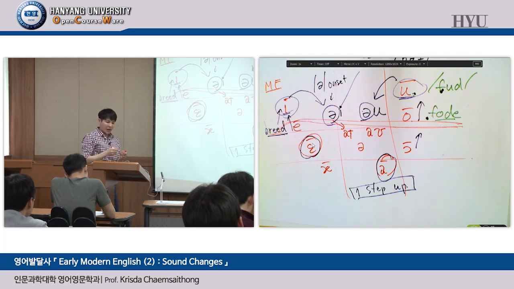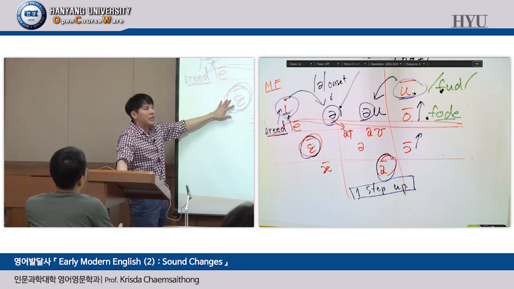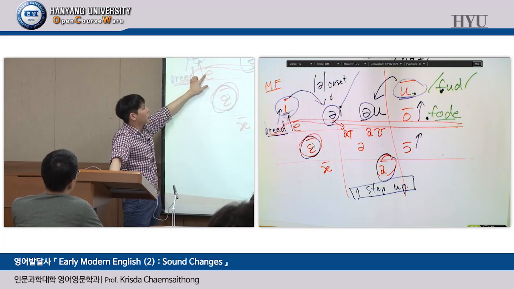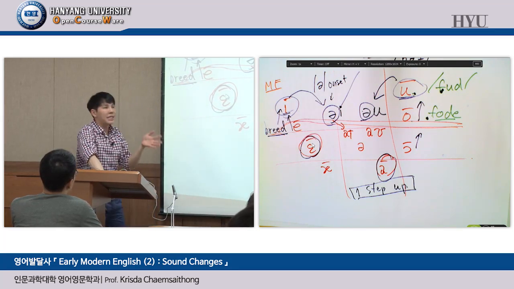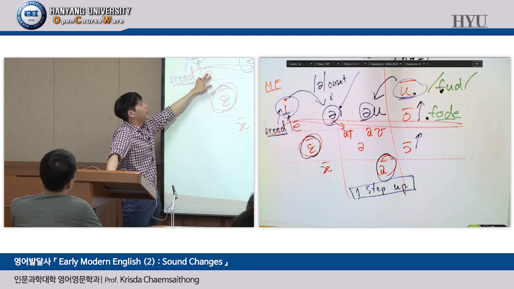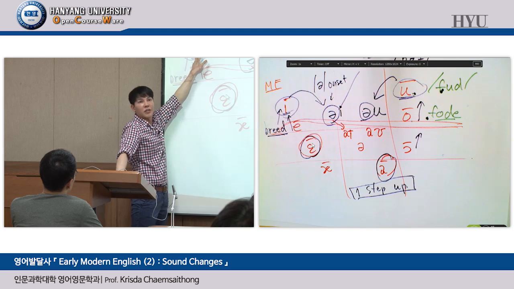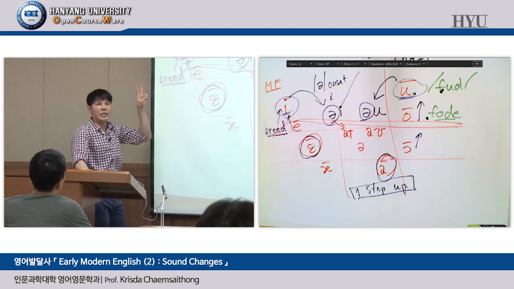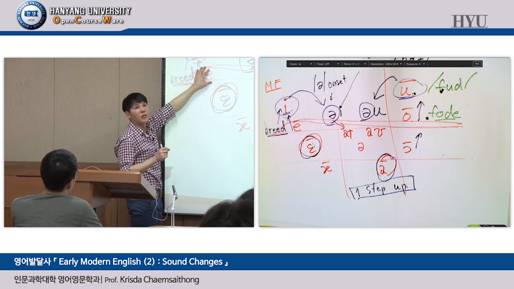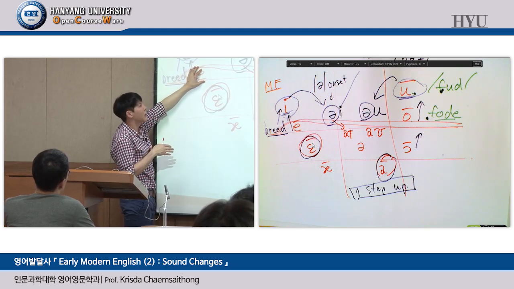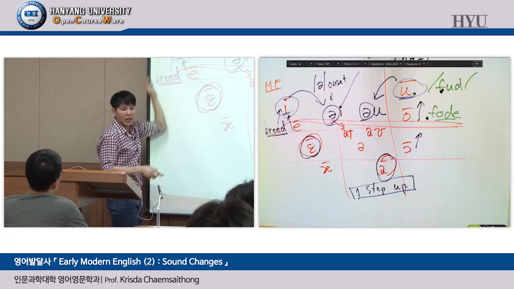So it's a, right? Now what happened was that first it went up one step to a, okay? Perhaps around the 17th century. But then finally it moved to e, right? It moved to e. So two steps up for this one. First, there's the middle point in the process, and then it moved up one more, okay?